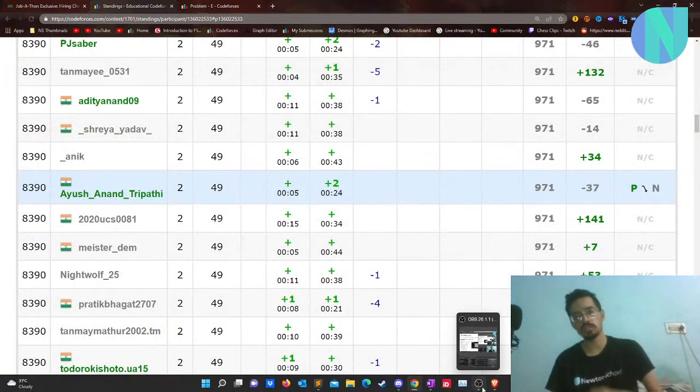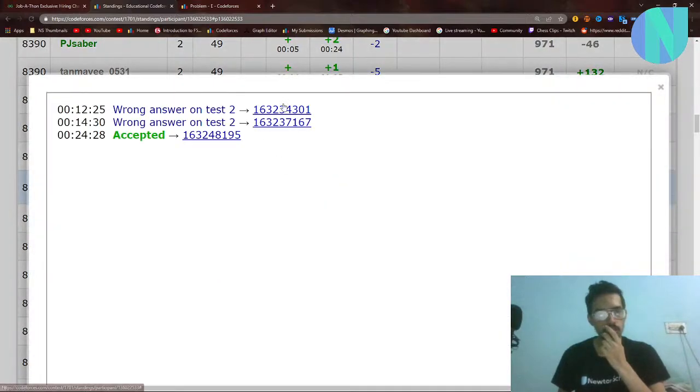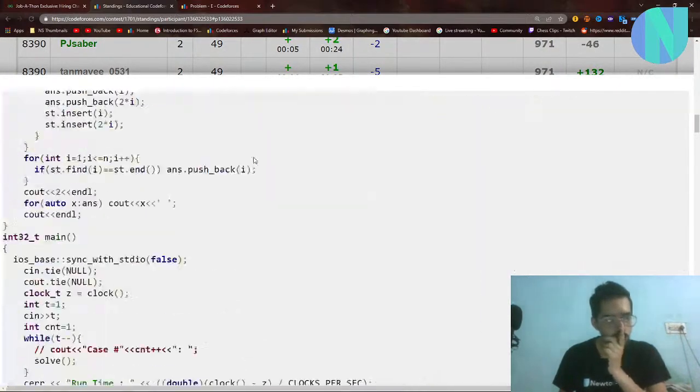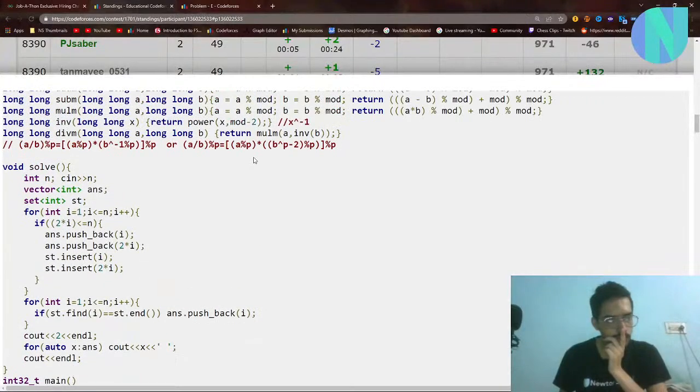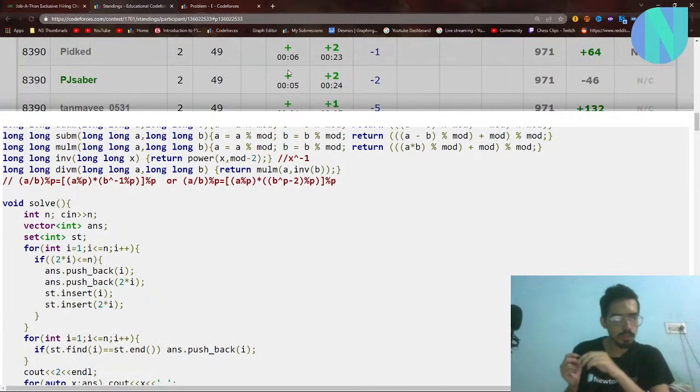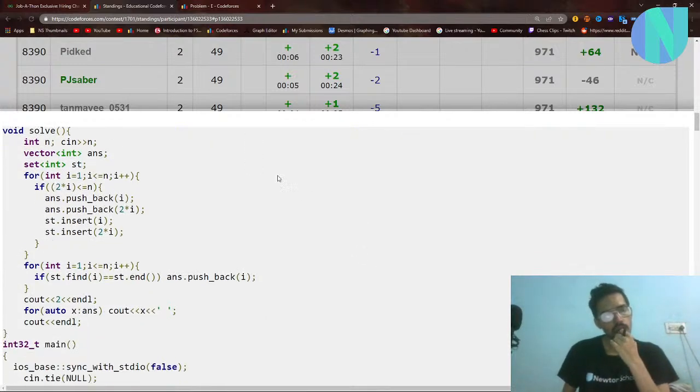And you can easily show this just using, I think you're doing that only, right? answer.push_back(i), answer.push_back(2 * i), and if st.find(i) equals st.end(), answer.push_back(i). What are you doing here?